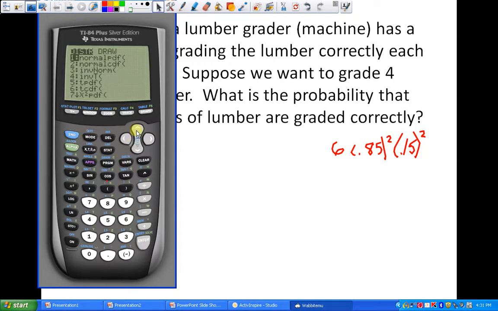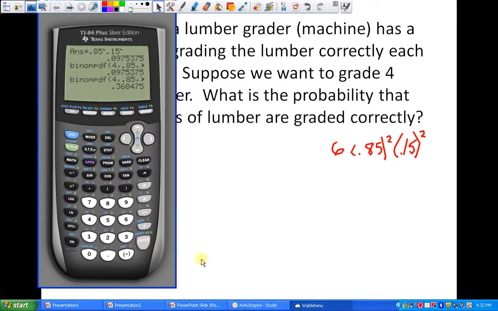That's second variables, go to option A, which is binomial PDF. And it brings up this prompt. You have how many trials, that didn't change. Our probability of success is still 0.85. What did change was our X value. We want the probability of getting exactly 3 successes. Okay? And that gives us that.